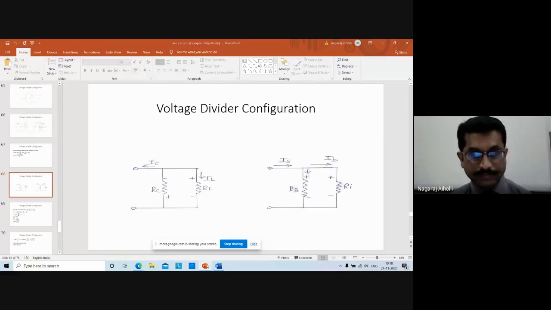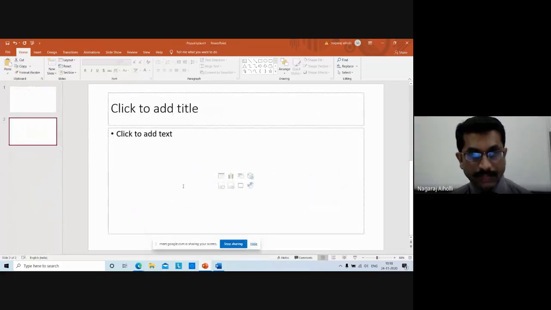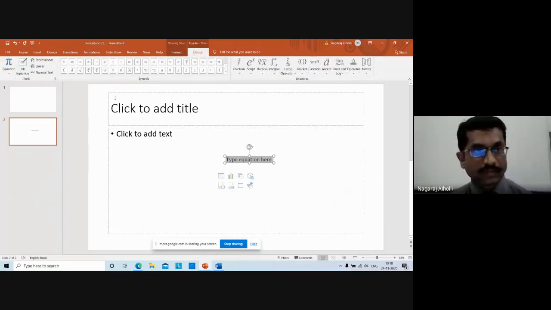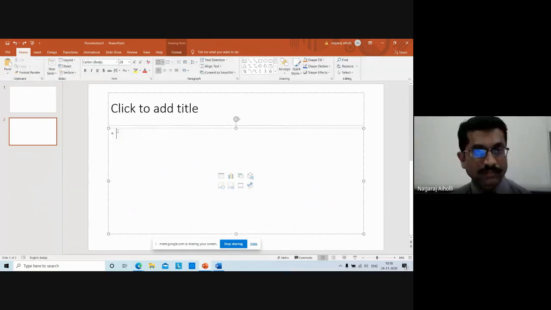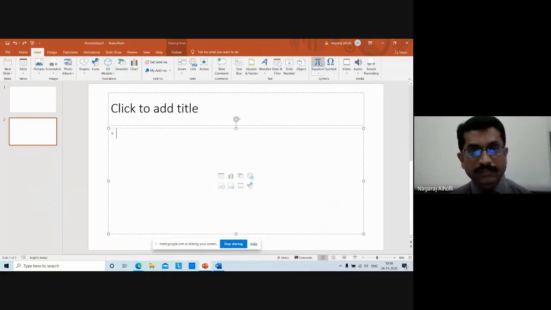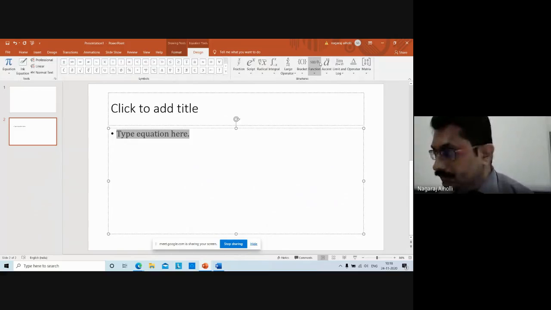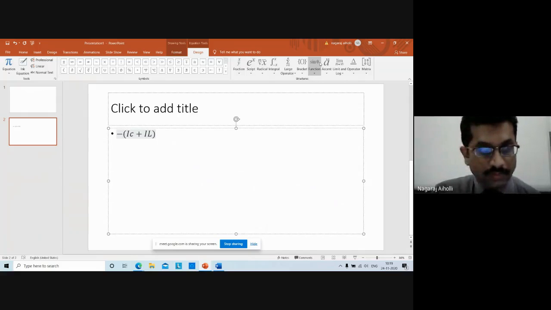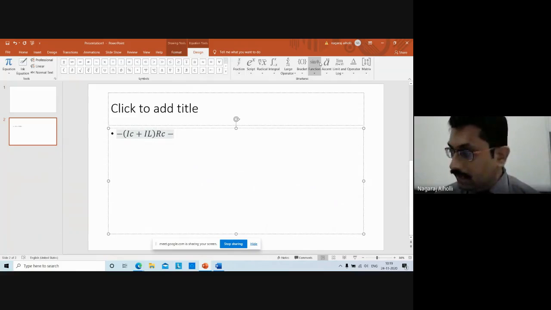We'll write the equation. The equation is: minus of (IC plus IL) into RC minus IL RL is equal to 0.